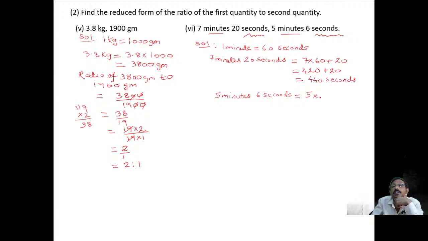So 5 minutes will be 5 into 60 plus we have to add the 6 seconds, plus 6, which is equal to 5 zeros are 0, 5 sixes are 30 plus 6, which is equal to, now when we add up these things, what do we get?